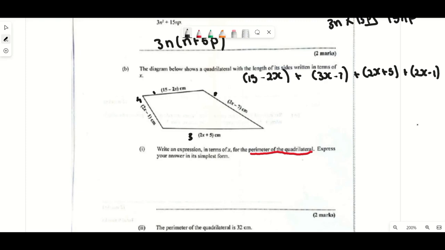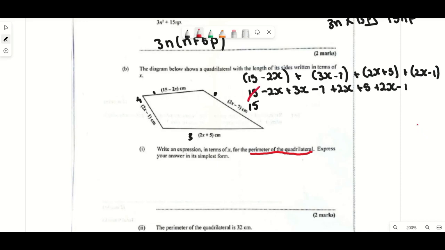Then we'll remove the brackets, so it's 15 minus 2x plus 3x minus 7 plus 2x plus 5 plus 2x minus 1. What you will do is group like terms. So we're going to group the numbers and the letters. So you're going to group the numbers, 15, and when you use the number, you cross it out.